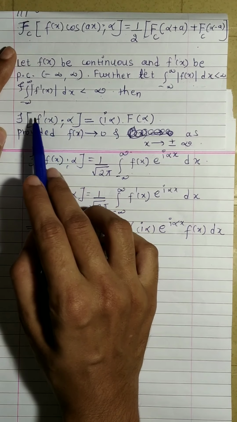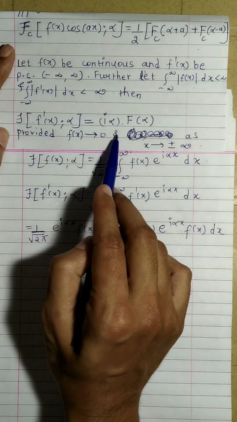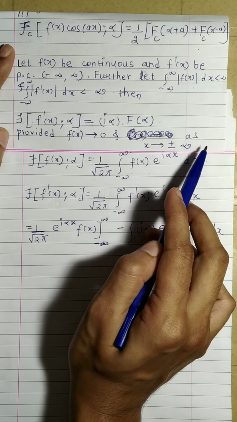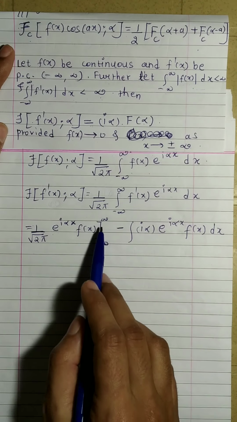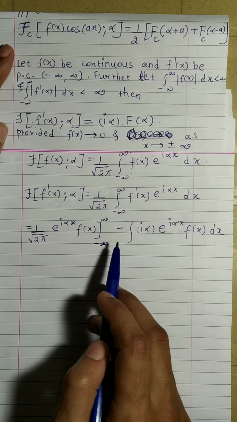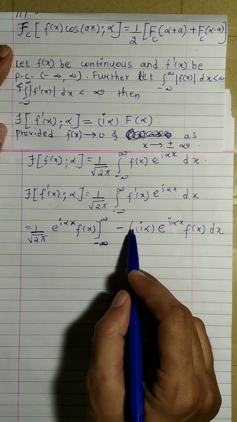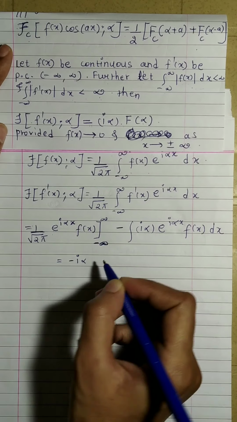We have said that this holds provided f(x) goes to 0 as x goes to plus or minus infinity. So here this boundary quantity will vanish because f(x) goes to 0 as x goes to plus or minus infinity, and we will be left with minus i alpha.